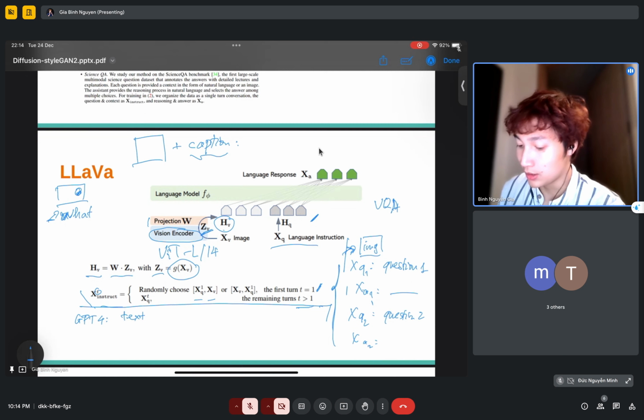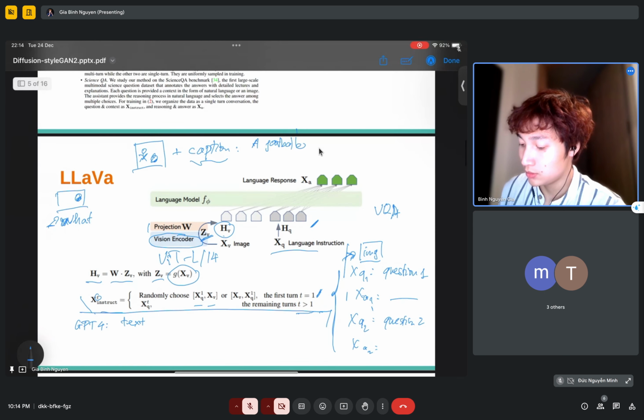For example, here is a player, and the caption is: a footballer is playing football in a white stadium.